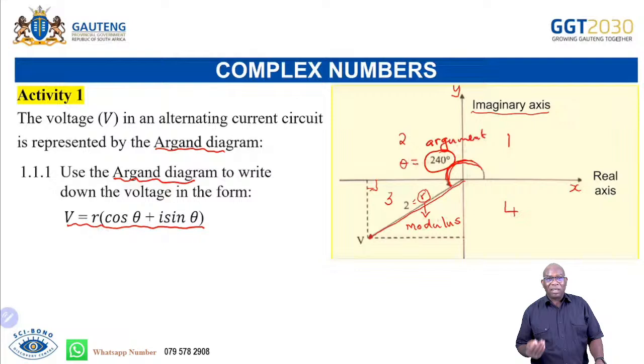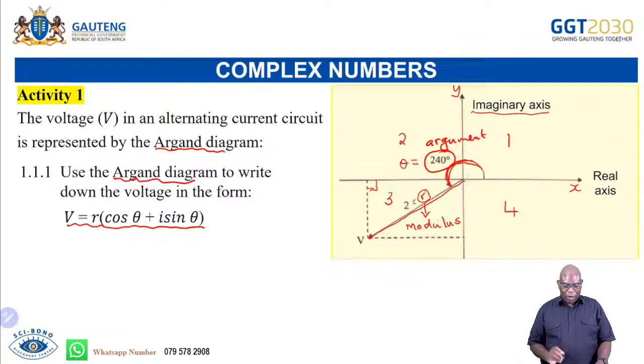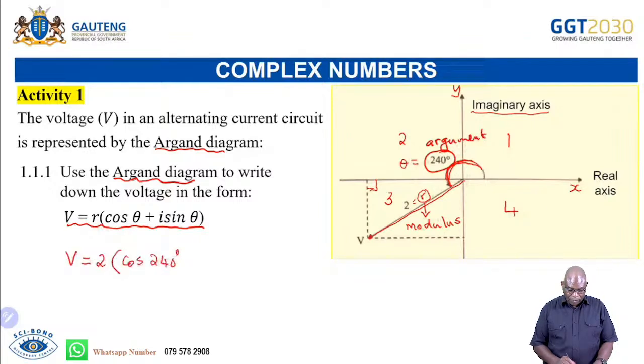With this question, it's 1 mark. We just need to rewrite this one by substituting the values. So your V will be equal to R, which in this case is 2, which is the radius, times cos of the angle, which is 240 degrees, plus i times sine of 240 degrees.